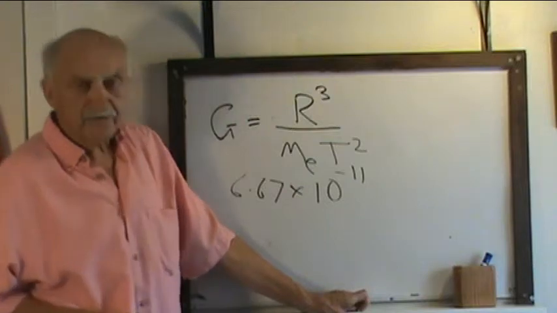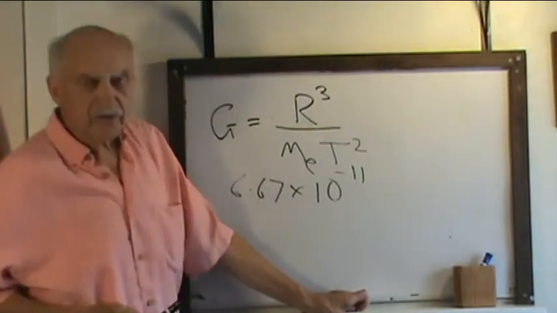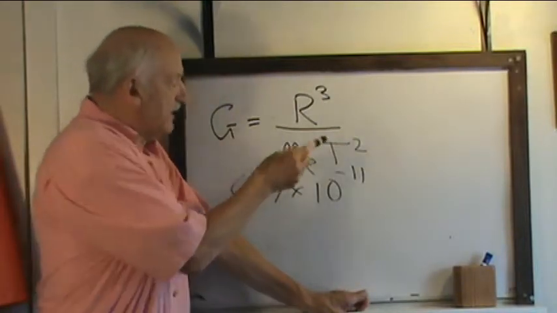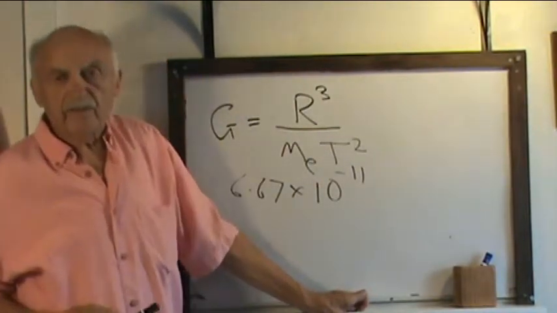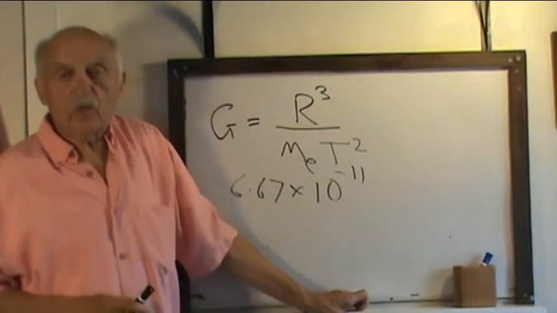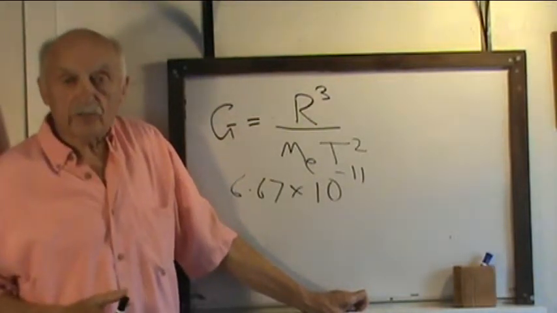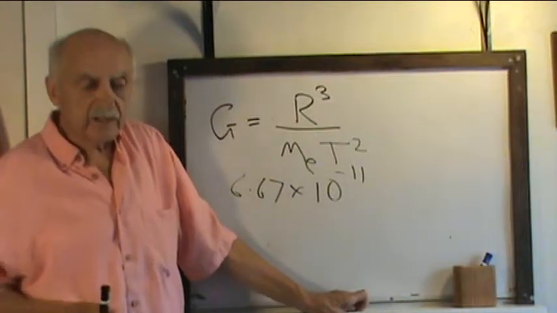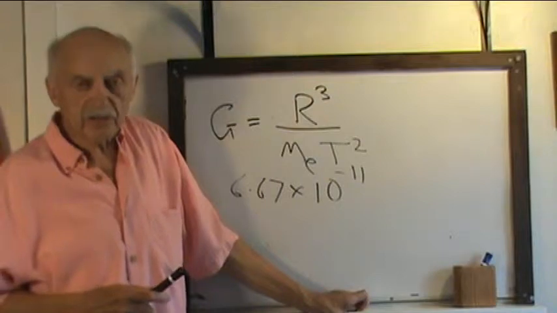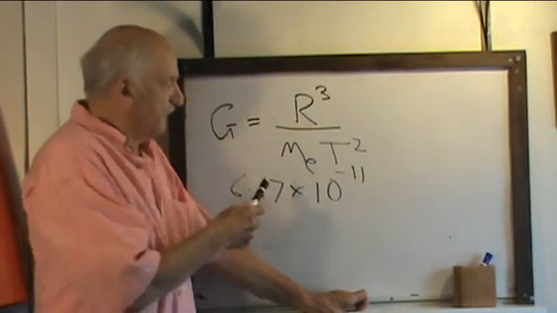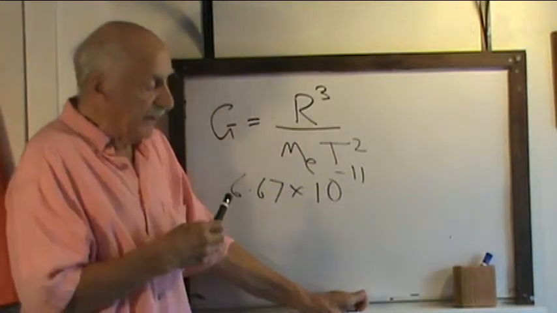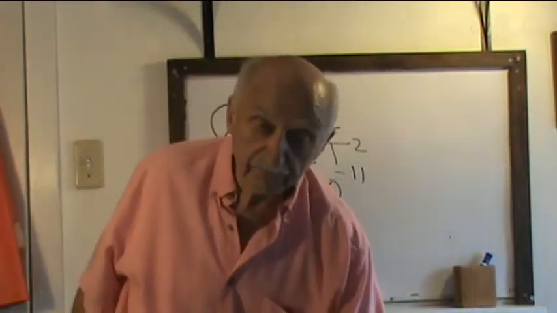So that, I think, confirms that G is not a natural constant at all. It is simply a function, a parameter, a summary that happens to be constant when bodies are in circular orbits. So you take all the planets, and I'm sure you could do this with any orbital system in the universe, and find that if you put these figures in, you get the same value for G. It so happens that it's a constant.